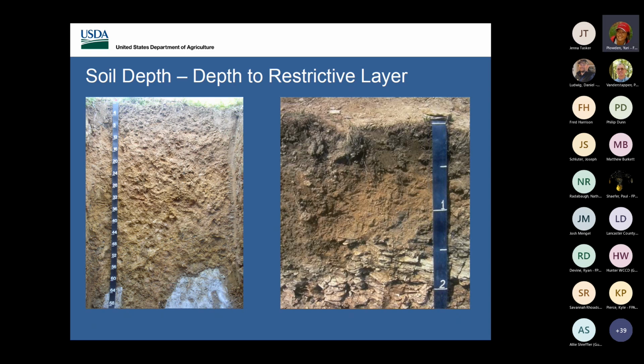So which one looks like the shallower soil, left or right? You can type it in the chat or unmute and say it. Which one of these is a relatively shallow soil?